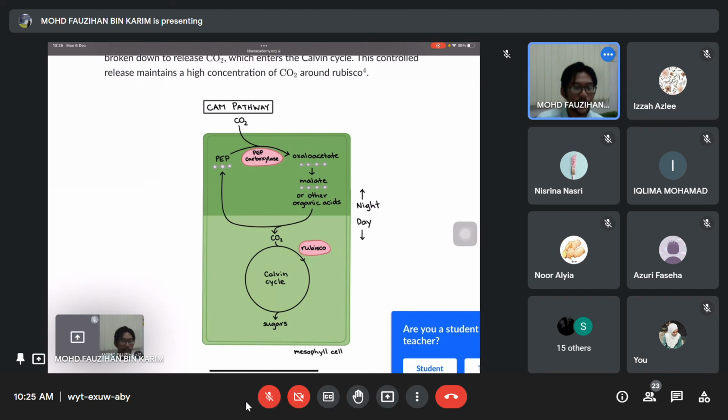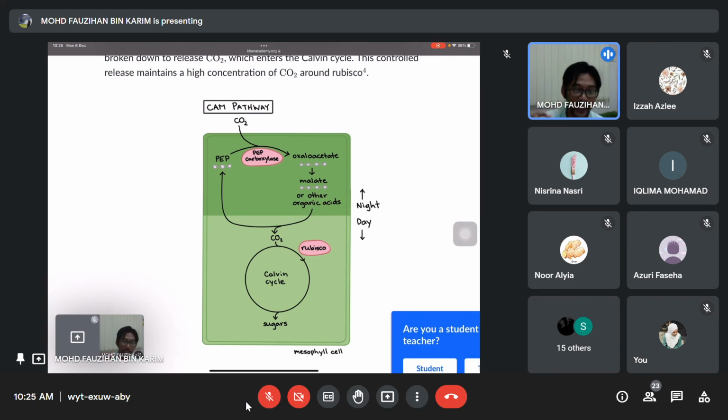So they harvest the carbon dioxide from the atmosphere, but there is no photosynthesis process, or the process of making carbohydrate, because during the night there is a lack of energy. So during the day the stomata close, but they have a reserve of carbon fixation from the night.